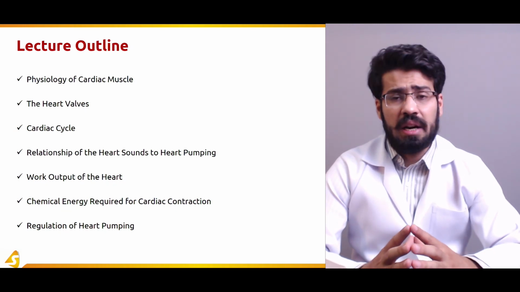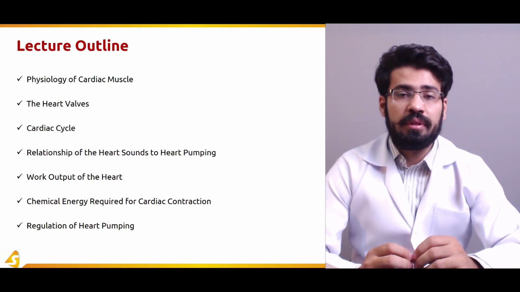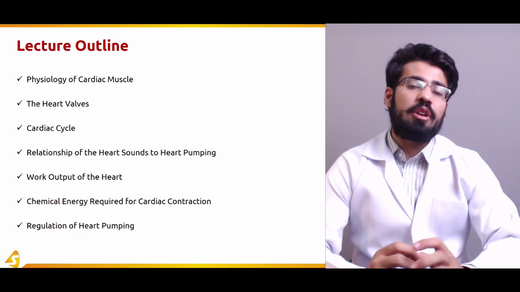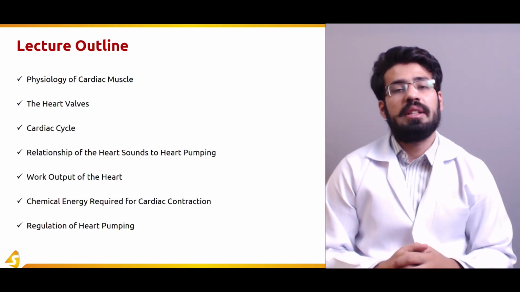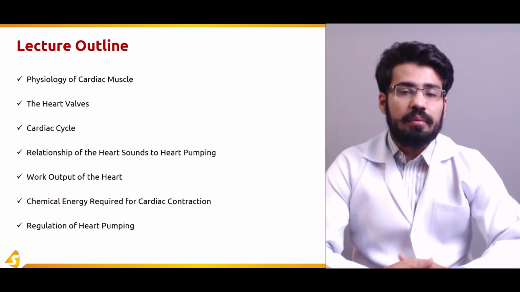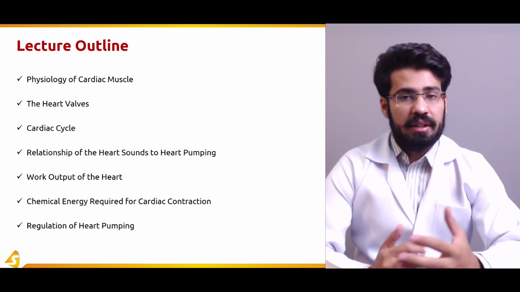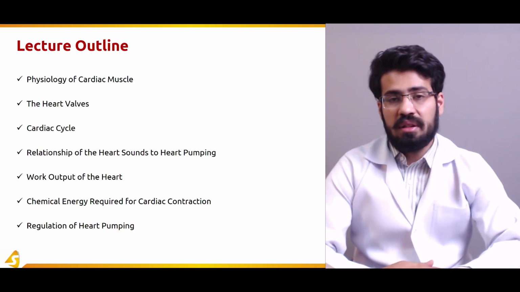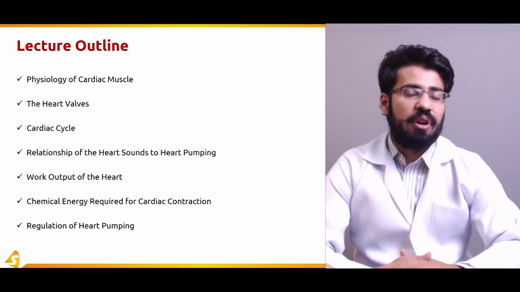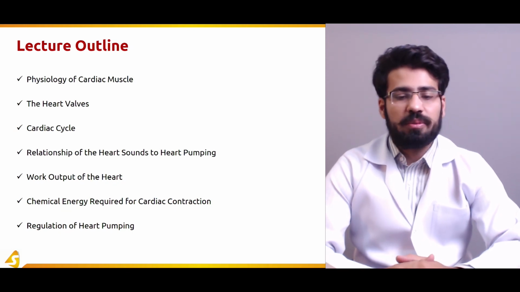We have discussed the work output of the heart. In that scenario, we discussed that chemical energy is converted into two things: heat in the form of resistance, and the work output.